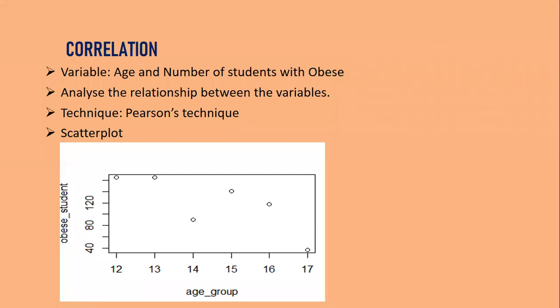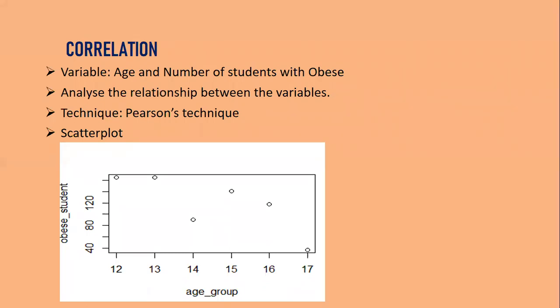Next is correlation. The variables selected for this correlation are age and number of students with BMI status obese. In the correlation test, we analyze the relationship between the age of students and number of students with BMI status obese. The correlation R is calculated using Pearson's technique since the data being tested is ratio type data.